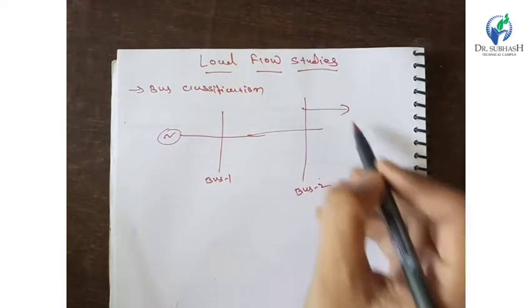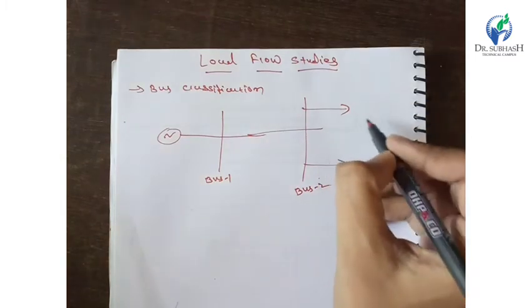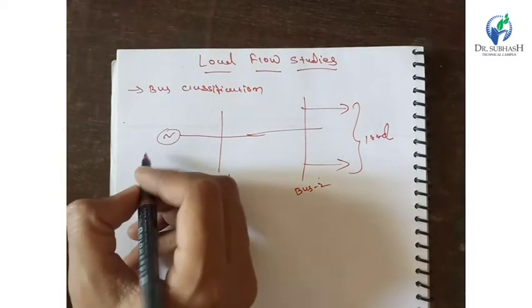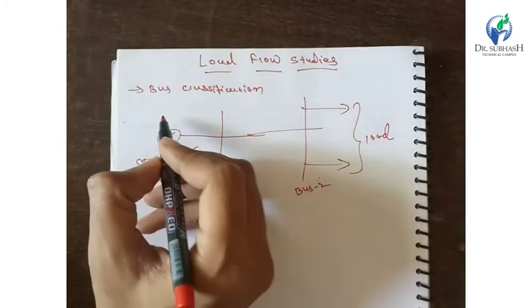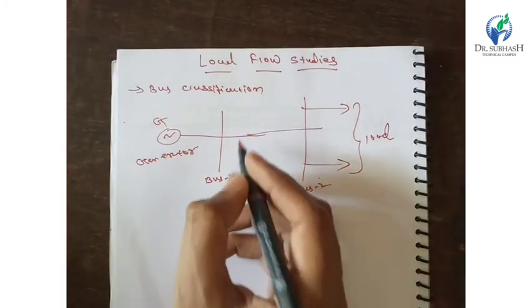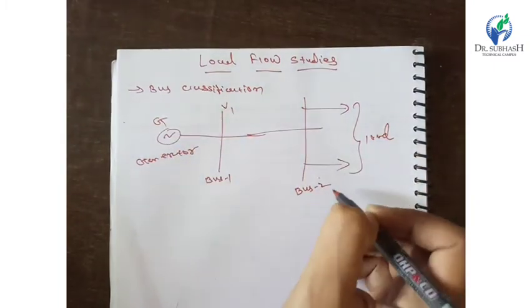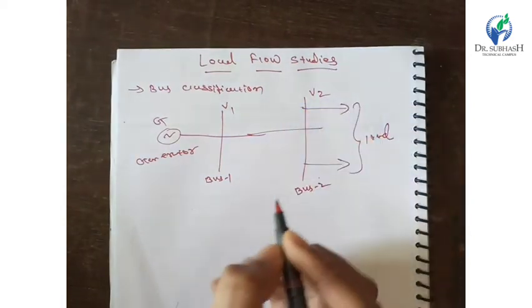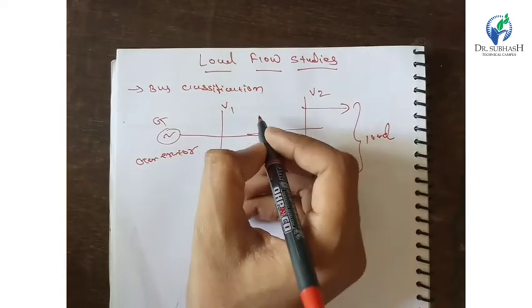Here is a rough figure of the transmission and distribution network that is connected with a load. The generator is connected, so the symbol of the generator we draw here is G. At bus 1 the voltage is V1, and at bus 2 the voltage is V2. For the transmission purpose, the line is jX.